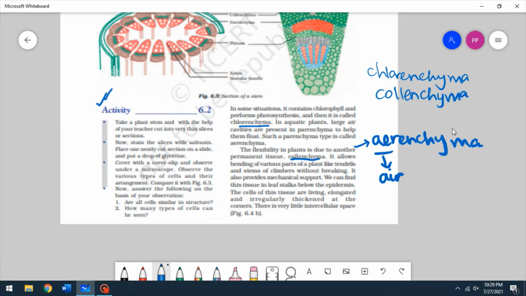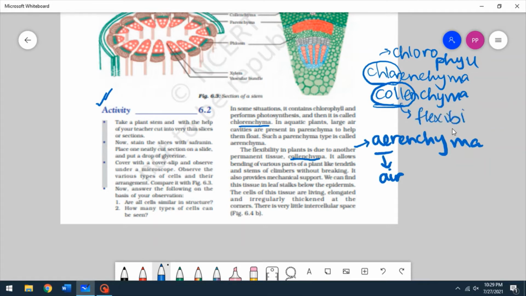But chlorenchyma has chlorophyll, this part of the word, chlorophyll, and collenchyma does not have chlorophyll. Alright, so what is the function of collenchyma? It allows flexibility to the plant.